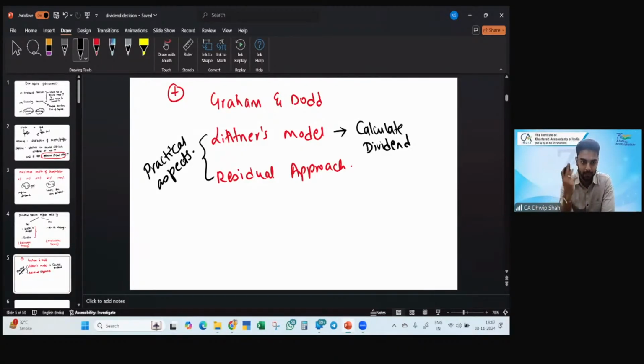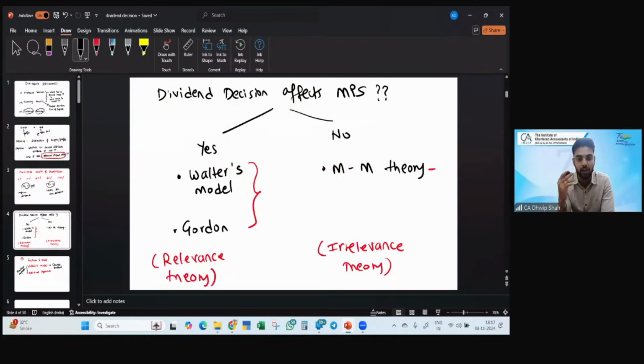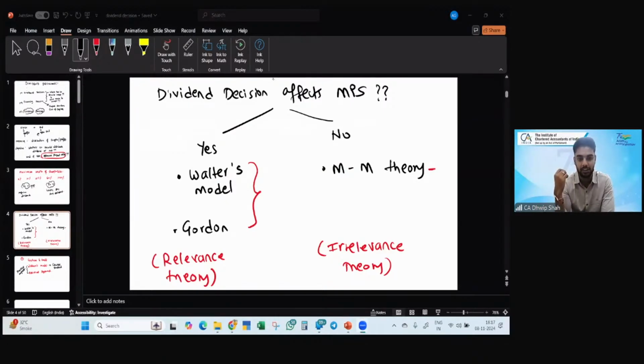Understood? Are you understanding the broad insights of this chapter, what we have to learn? As I said, this chapter is entirely formula based. You just have to remember the formulas and apply them in the question. Once you have remembered the formula, this chapter is very smooth for you.